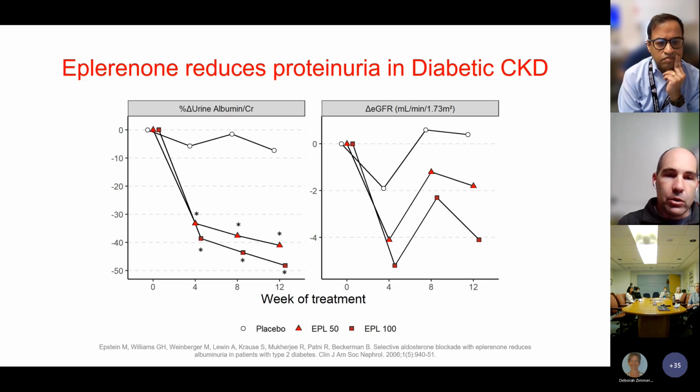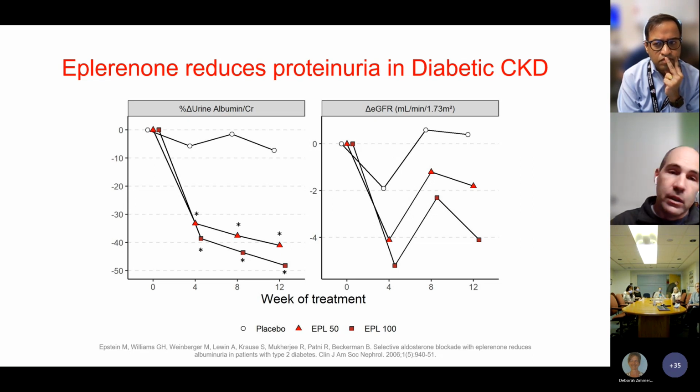And they did a placebo-controlled trial in diabetic CKD with 2 doses of eplerenone. And you can see that you get no change with placebo for albumin creatinine ratio, but a pretty quick and sustained reduction in proteinuria, albuminuria with eplerenone, either 50 or 100.